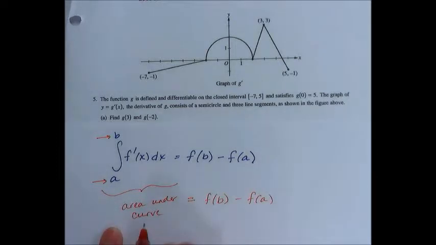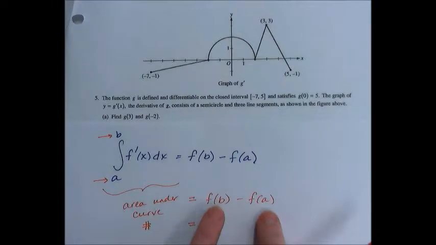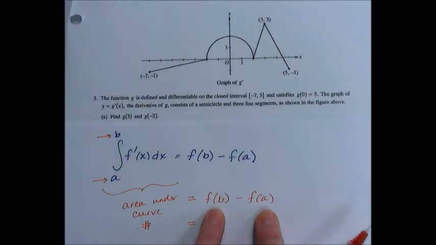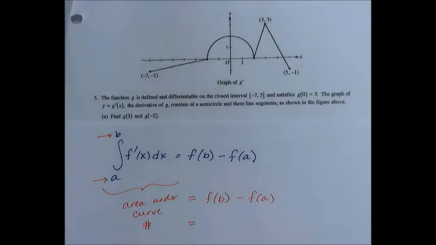The area under the curve should be a number equal to... one of these should be an actual number that was given to you. One of them should be what you are looking for. So see if you can use that, and you have to set this up separately. Do g of 3, go through the process and do that first, and then do the same process for g of negative 2. So think about how you might be able to do that.